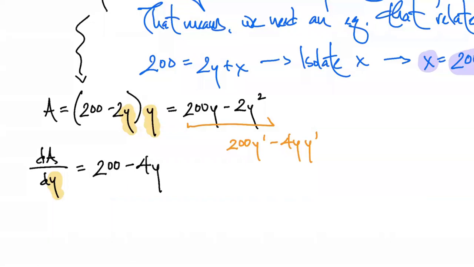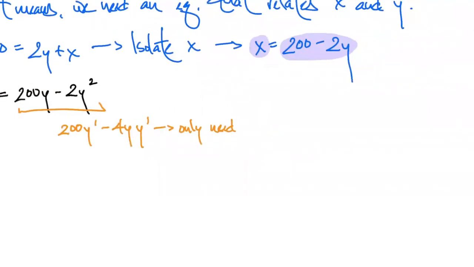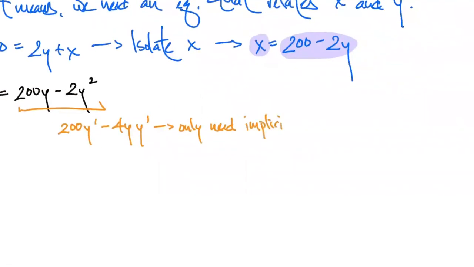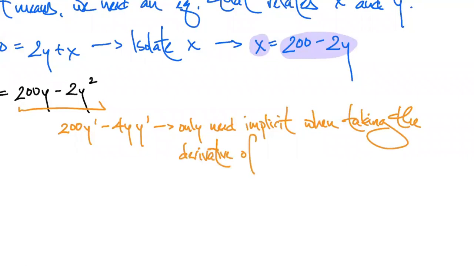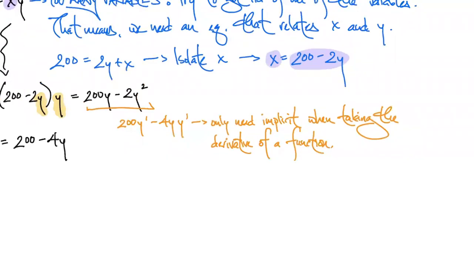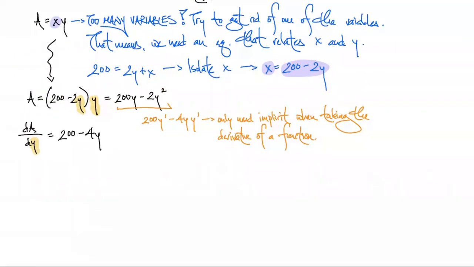We only need implicit when taking the derivative of a function. But in our question right now, we have y as a variable. Since y is a variable, we treat it like x. We don't need implicit. Okay.